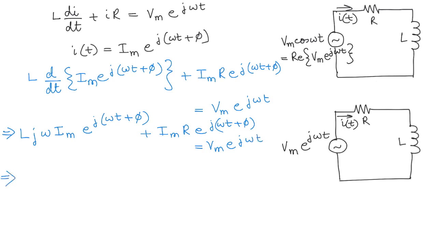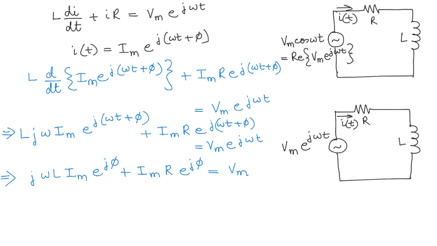Okay, you could cancel the e to the power j omega t terms from both sides, and what you get is j omega L Im e to the power j phi plus Im R e to the power j phi equal to Vm.